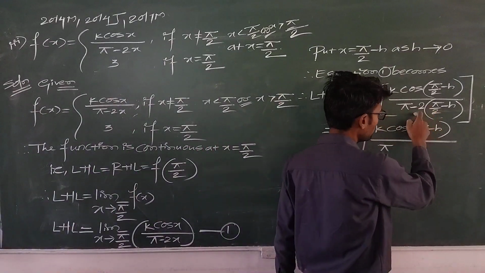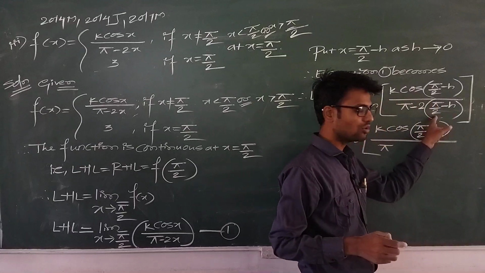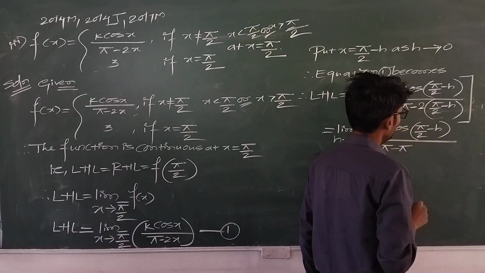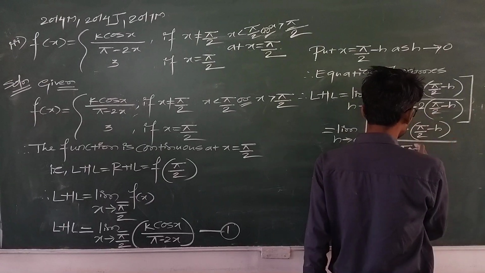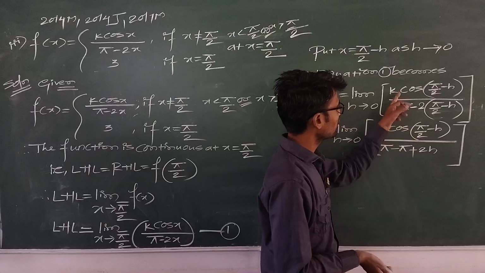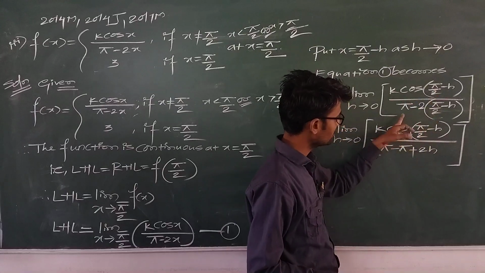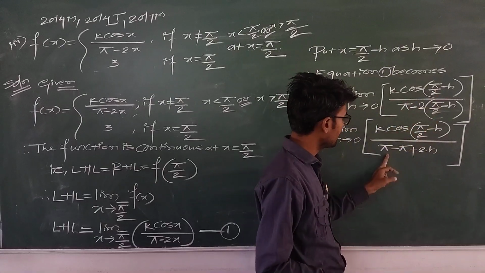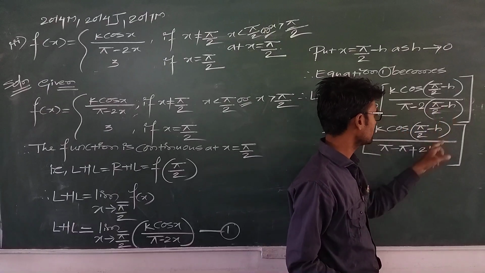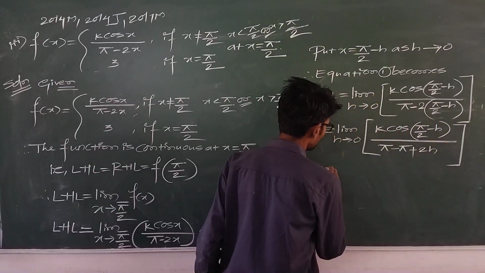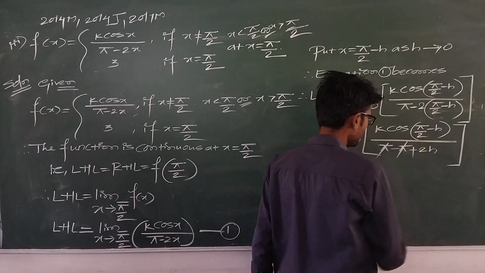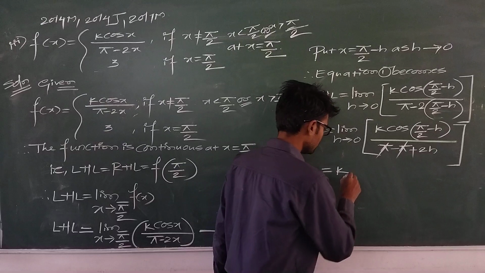You simplify minus 2 into pi by 2, the 2 gets cancelled, you will get minus pi here. Next minus into minus is plus, and it is 2h. Once again, k into cos of pi by 2 minus h as it is, pi as it is, minus 2 into pi by 2, the 2 gets cancelled, pi minus into minus plus 2h. So now this is equal to, we are having k constant, this minus pi plus pi gets cancelled.